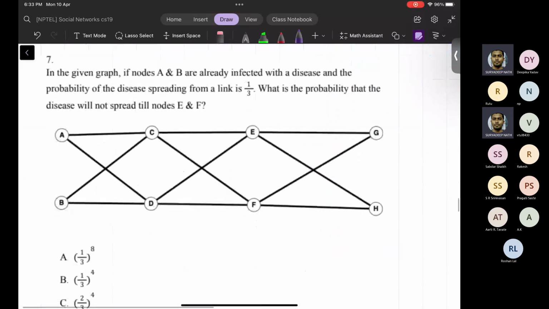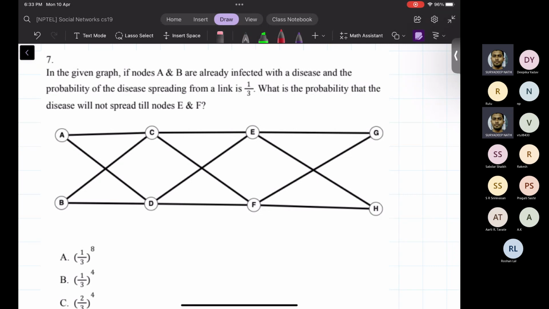Okay. Coming to question number 7. In the given graph, if nodes A and B are already infected with a disease and the probability of disease spreading from a link is 1/3, what is the probability the disease will not spread till nodes E and F?